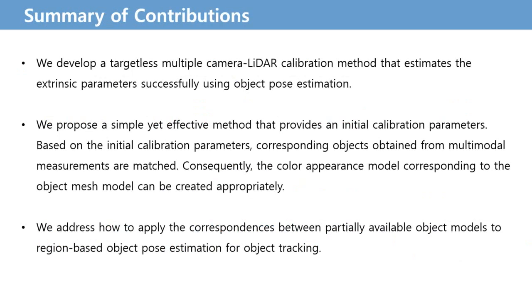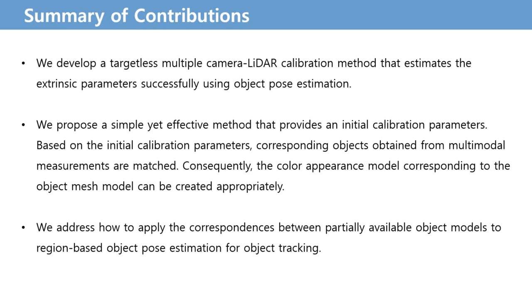This is a summary of contributions. We developed a targetless multiple camera and LiDAR calibration method that estimates the extrinsic parameters successfully using object pose estimation. We propose a simple yet effective method that provides initial calibration parameters.